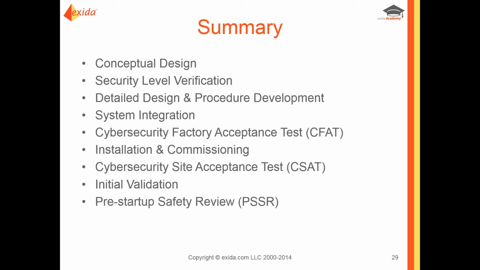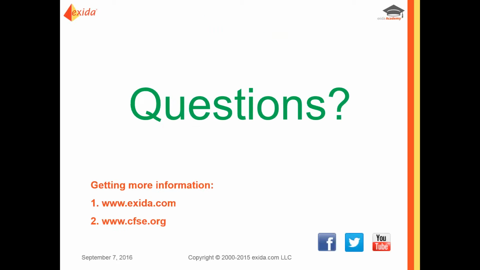After systems are integrated at the shop, you've got your cybersecurity factory acceptance test, then equipment is shipped to the site where it's installed and commissioned, after which it can go through a cybersecurity site acceptance test in preparation for the formal initial validation. And prior to startup, you need the cybersecurity contribution to the pre-startup safety review. And that brings us to the end of this webinar.